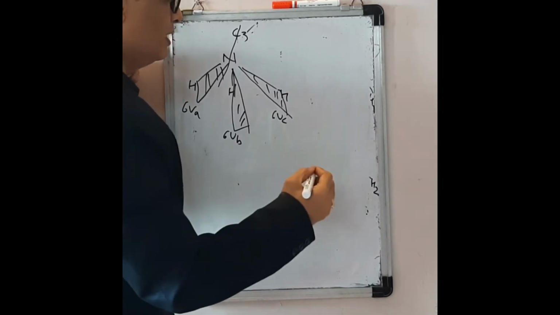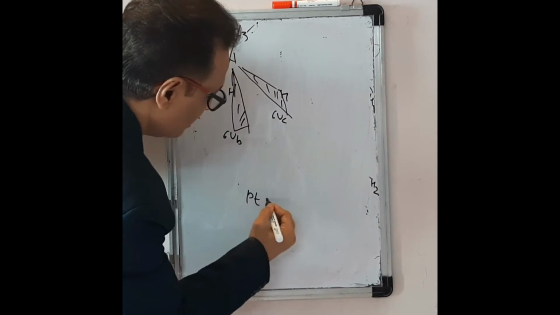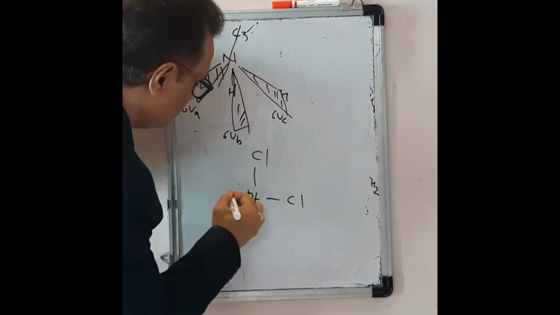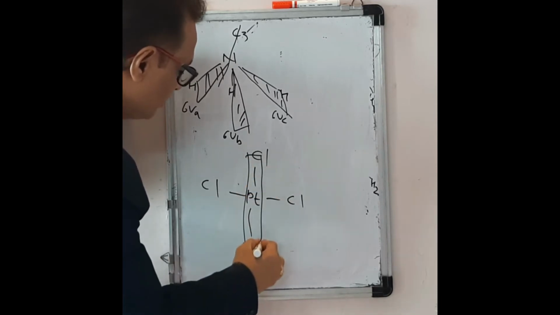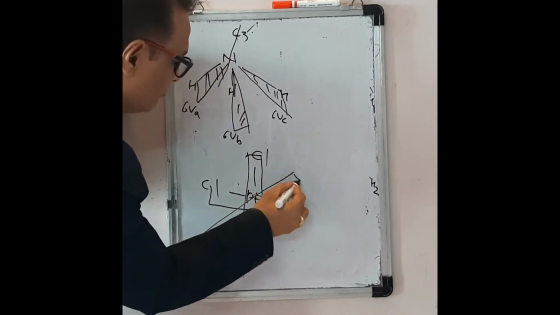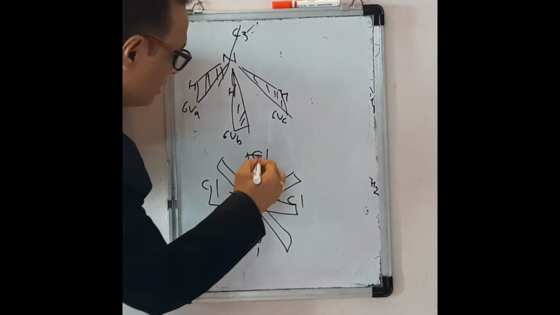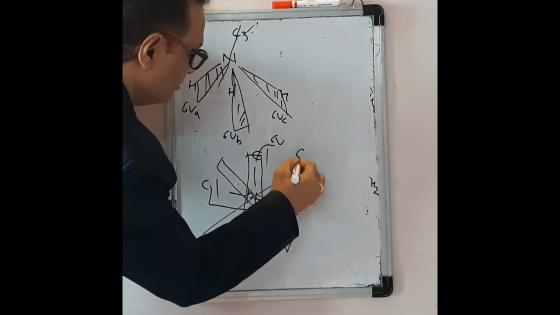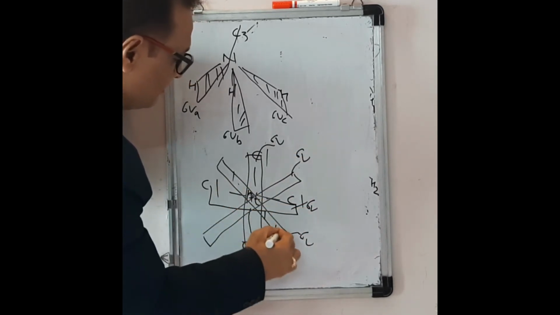BF3 has three vertical planes of symmetry. PtCl4 has four vertical planes of symmetry, which can be denoted this way. This is first vertical plane, this is second vertical plane, this is third vertical plane, and this is fourth vertical plane. So PtCl4 has four vertical planes of symmetry.